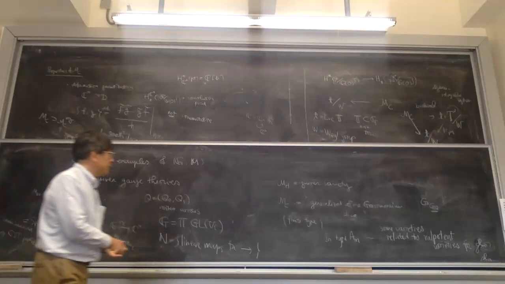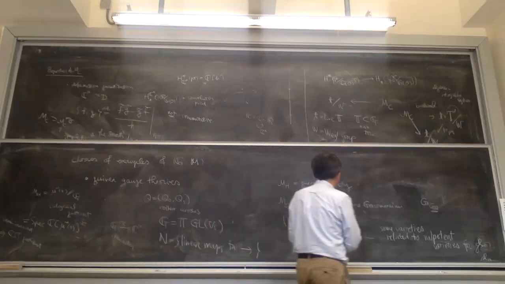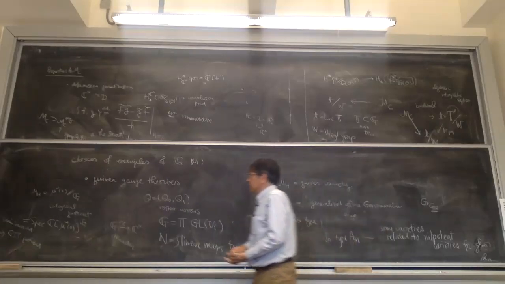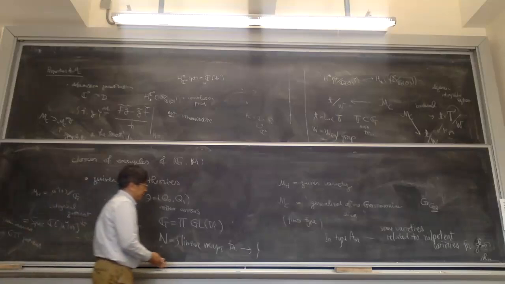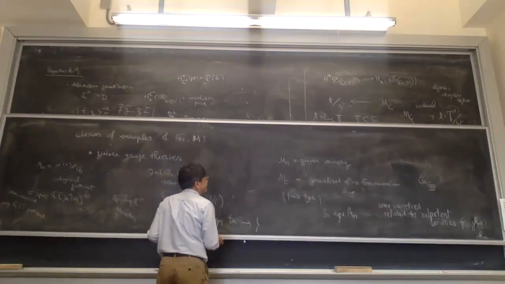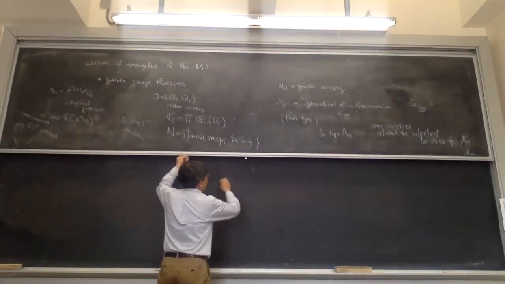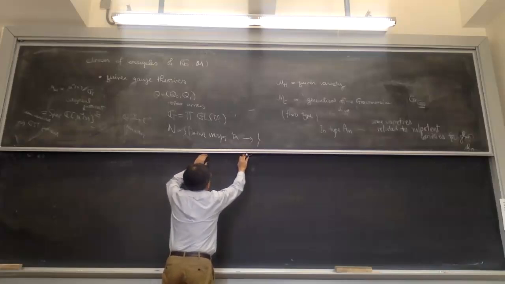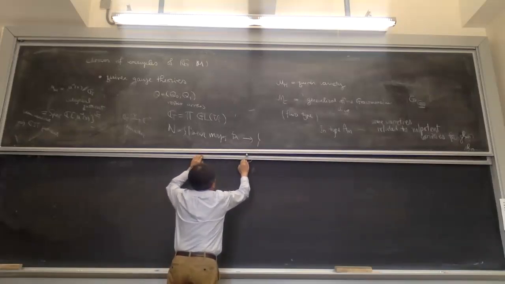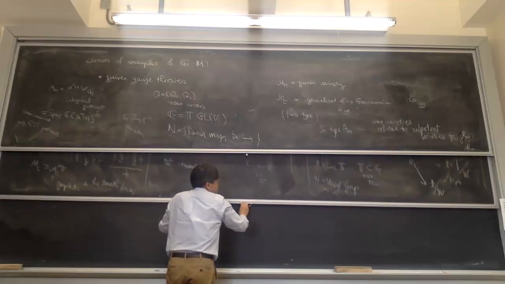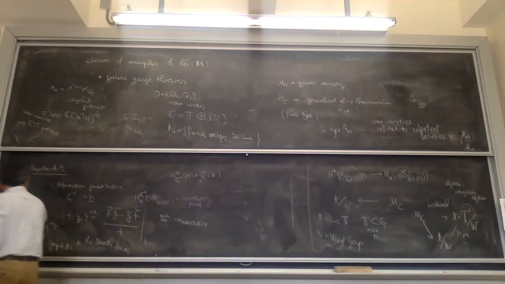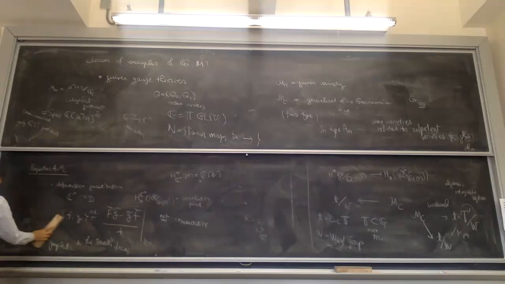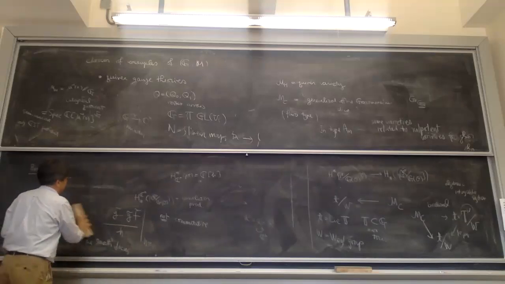But for the Coulomb branch, you should use the so-called flavor symmetry group. Yeah, maybe this is a continuation of the properties.